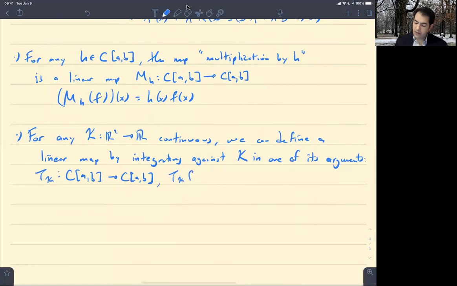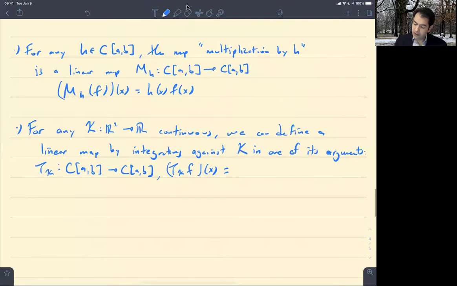What T sub k does to a function f is give you another function, so I have to tell you what that function does to a point. To the point x, we assign the integral between a and b of k of x comma y, f of y, dy.